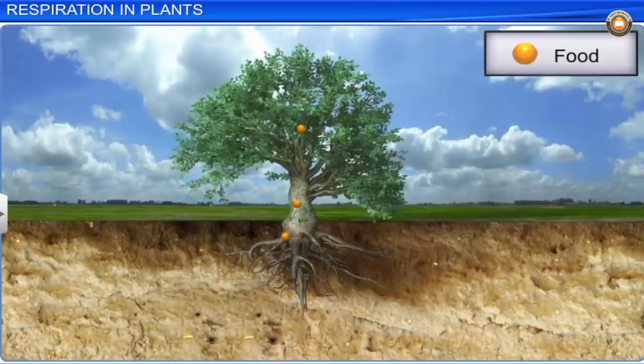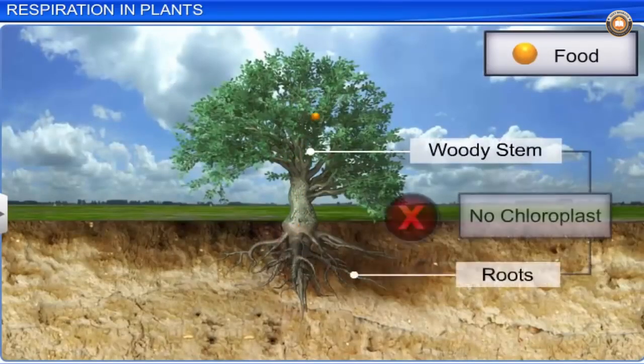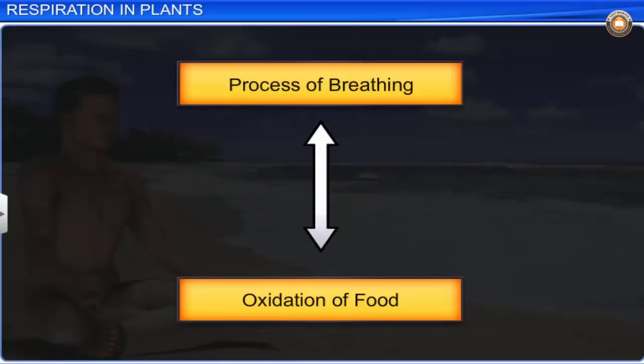All other non-green parts such as woody stem and roots don't have chloroplast, and hence they have to be supplied with food from leaves.